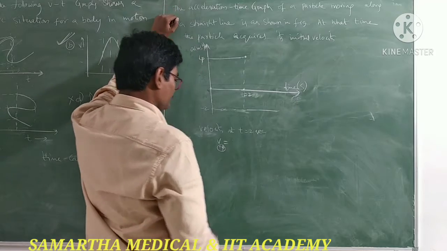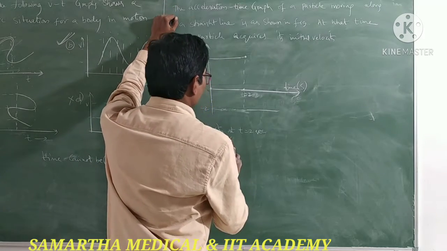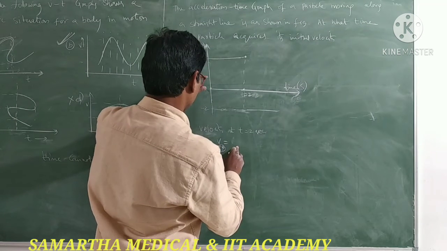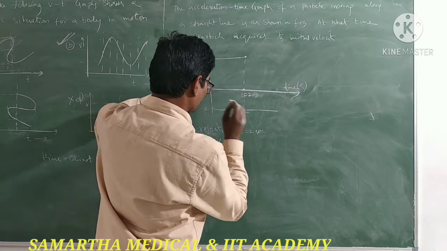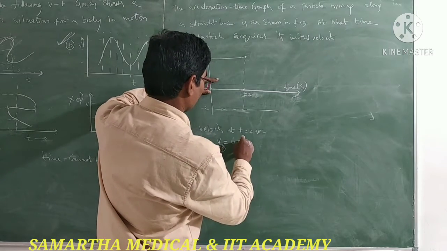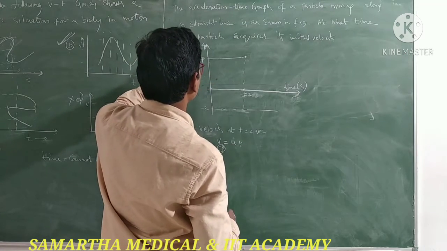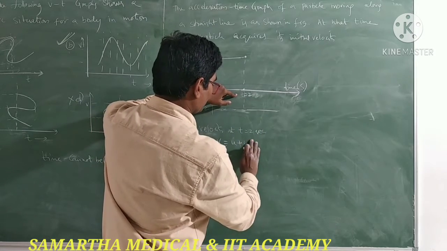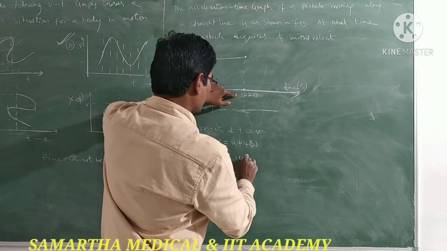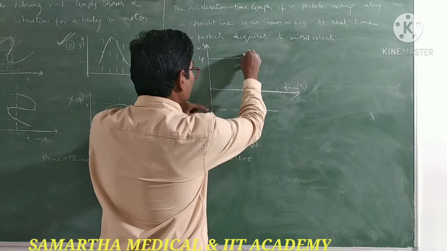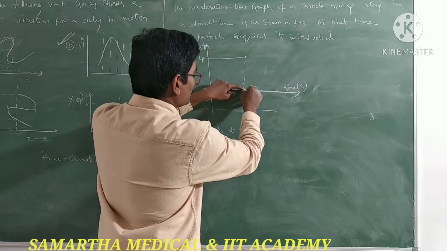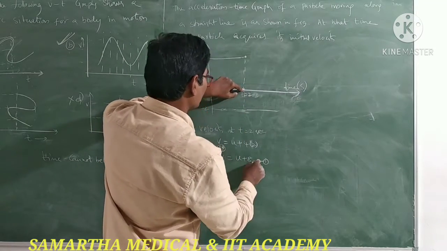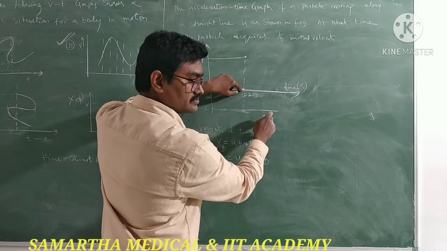What is a? 4. For how long is it acting? For t equal to 2 seconds. So u plus 8 is the velocity when it reaches t equal to 2 seconds. That will be the initial velocity for the next case of retardation.